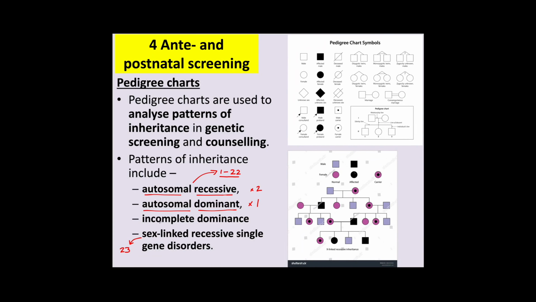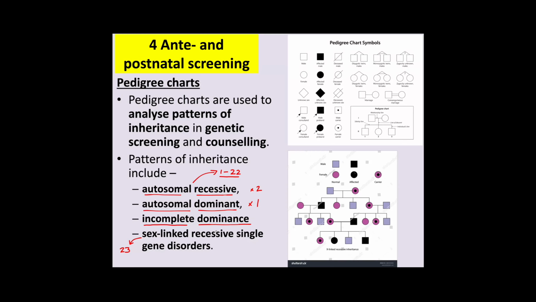Now, there's a new type of inheritance that we've not come across before in Higher, and it's this one here, incomplete dominance. And that is where one of the alleles is not completely dominant over the other one. It has some dominance, but it's not completely dominant. And what that means is it's not a binary outcome. You don't either have the condition or not.